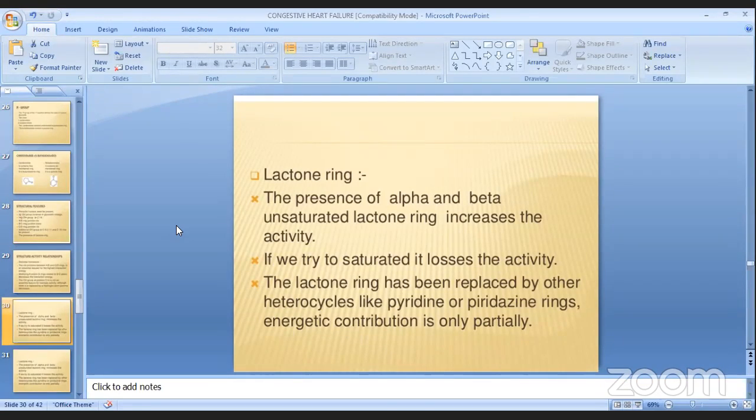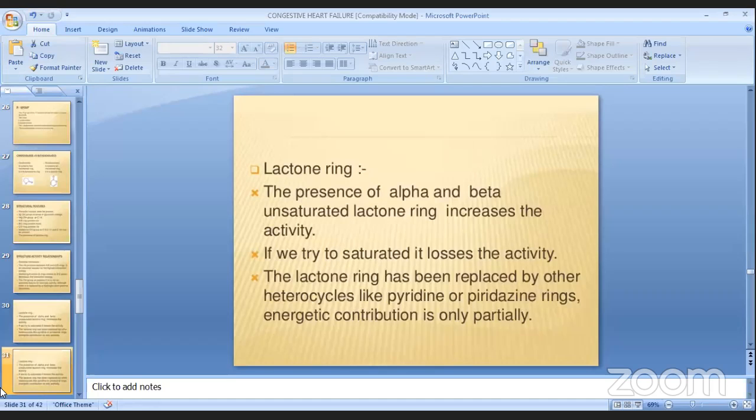If the lactone is replaced by a heterocyclic, pyridine or pyridazine ring, then only a partial effect will be there. Next, the lactone ring presence I have discussed, that is the alpha beta position. Saturation may lead to destruction of the molecule's activity.